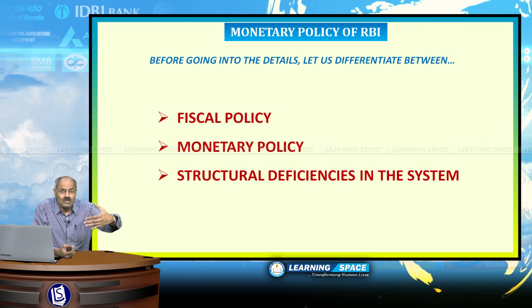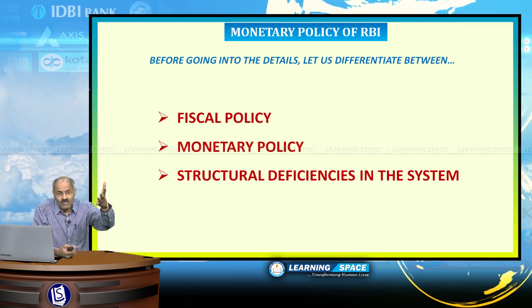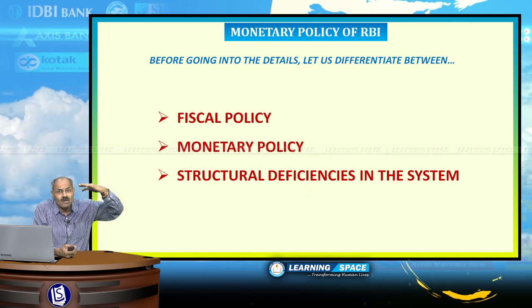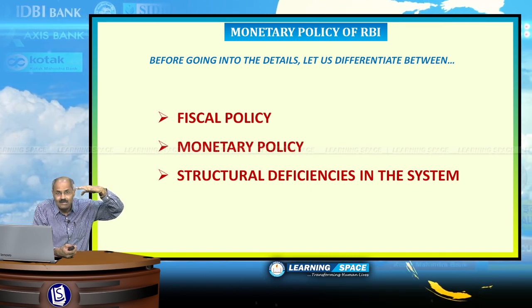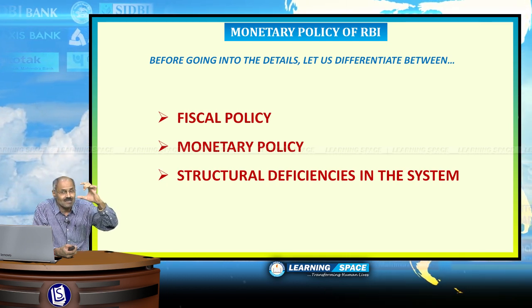Why I am introducing these three things is, for any country to grow, fiscal policy should maintain certain macroeconomic indices. That means the fiscal deficit should not exceed certain limits.